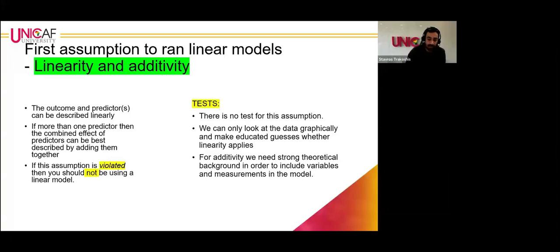You can only look at your data visually and make an educated guess of whether a line can describe them, or if you need other types of models like polynomial, or something else.